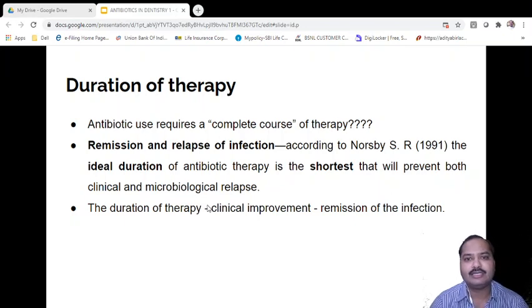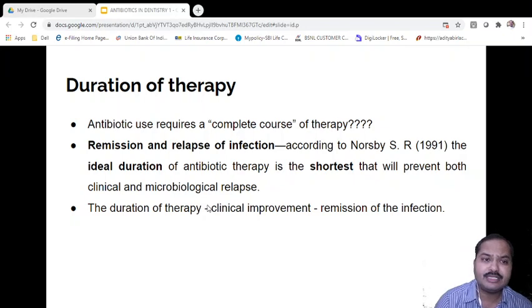There is a conceptual error, I think, regarding the course of the therapy. It can be due to several faulty assumptions. As remission and relapse of the infection are possible with the therapies, most of the time it is said that it should be given till the time of remission and after that also.